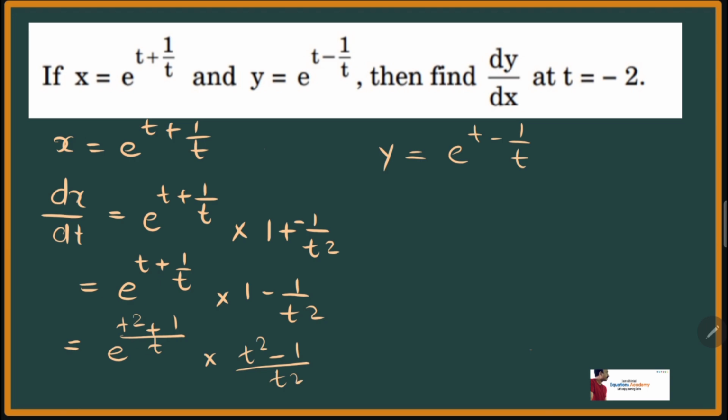So we have got dx by dt is equal to e raised to t square plus 1 divided by t into t square minus 1 by t square.